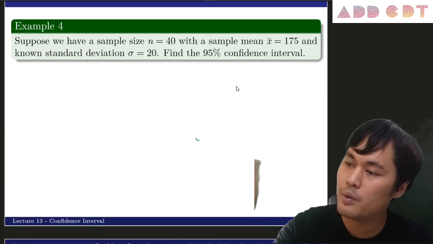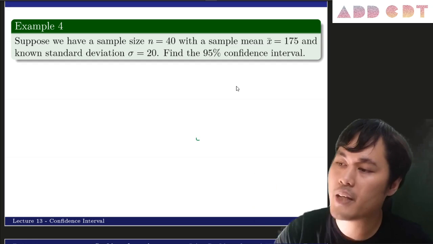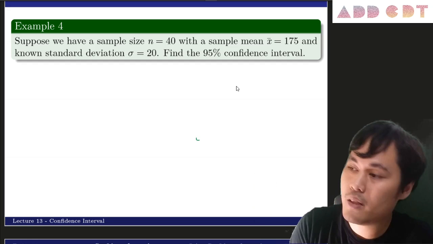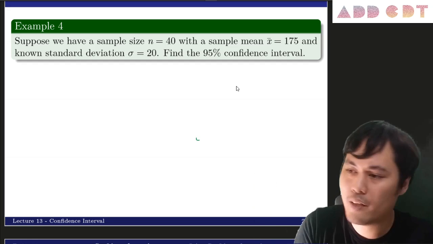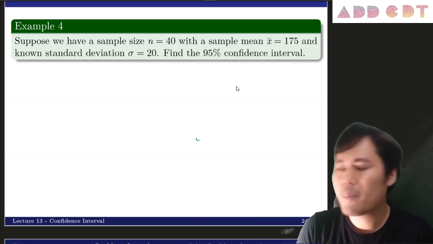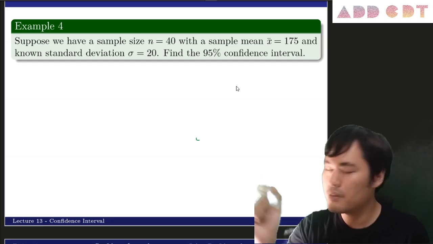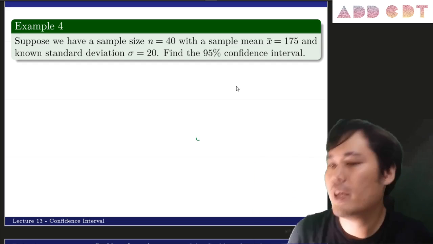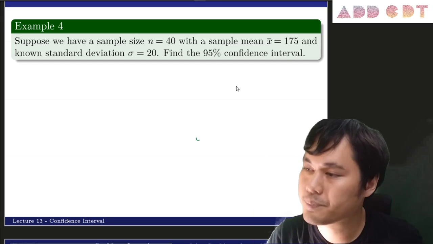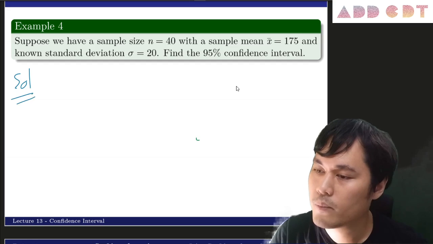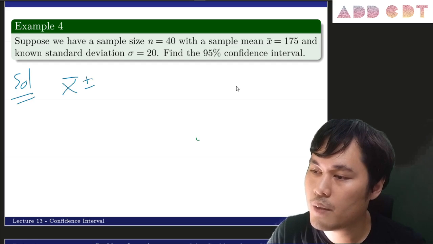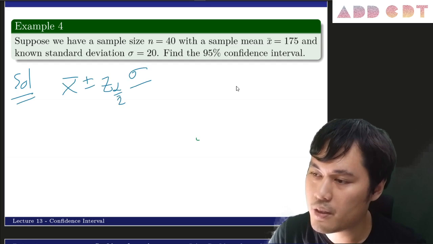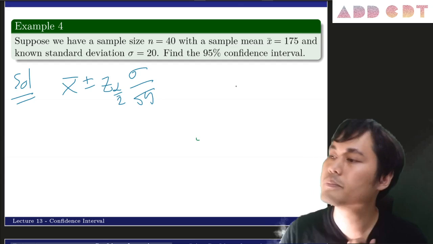So now let's try using the same numbers. The sample size is still 40, the mean is still 175, the standard deviation is still 20, but now we increase the confidence level. Now we want that to be 95%. So again we have that formula times sigma divided by square root of n.